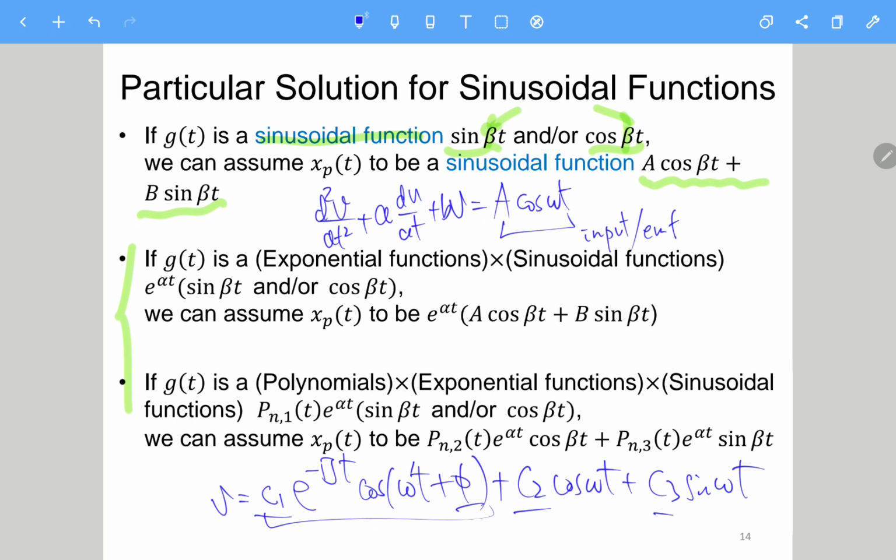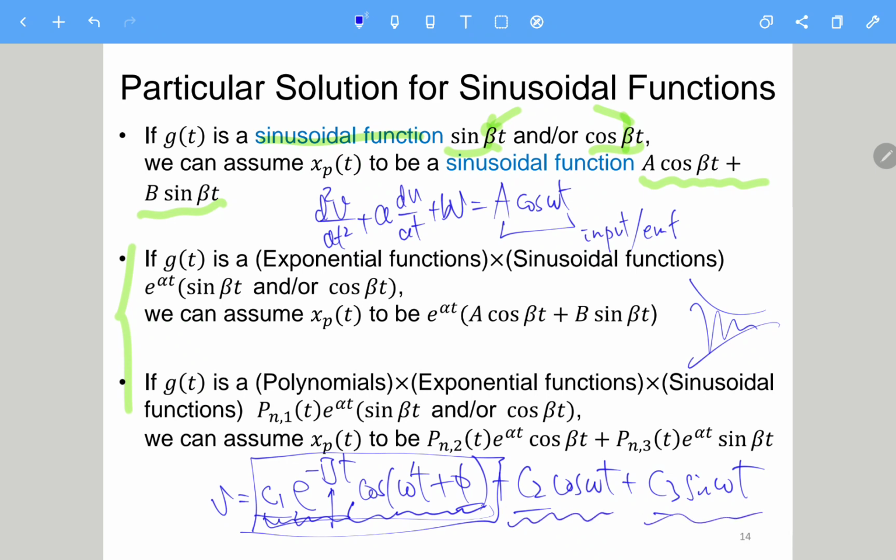The idea for using phasors is that we may not be very concerned about this part, because if this exponent is negative, this term will tend to 0 after some time. It is attenuating. But this part is still sinusoidal.